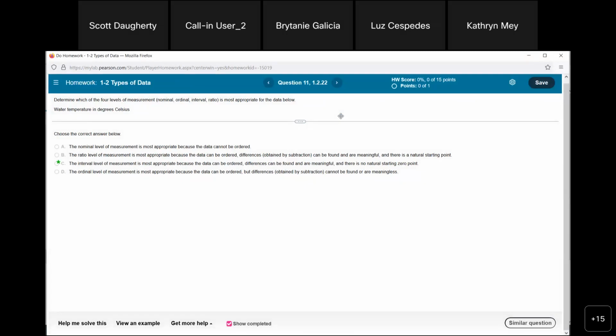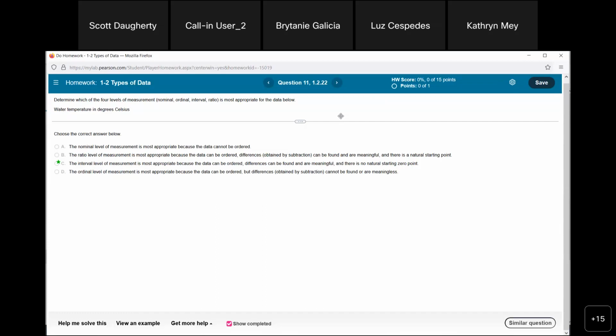Now, one thing I want to mention is the next level of measurement is called the ratio level of measurement. And that's where ratios are meaningful. This does not reach the level of ratio. And sometimes it can be hard to tell the difference between interval and ratio. But let me try to explain why this does not reach the ratio level.